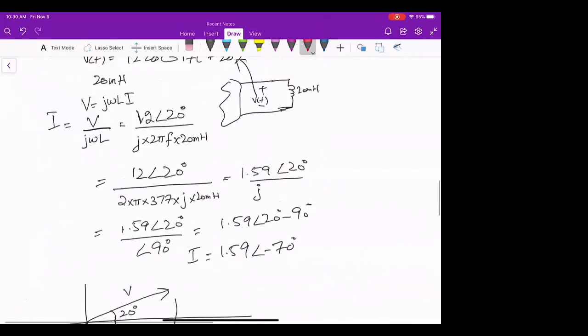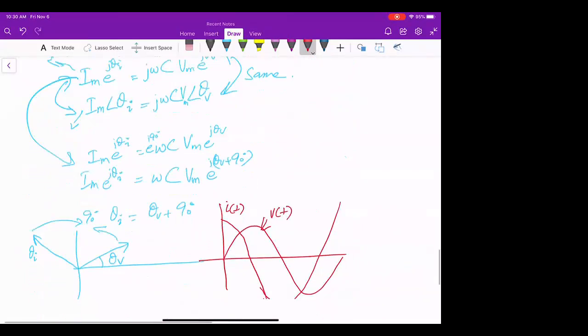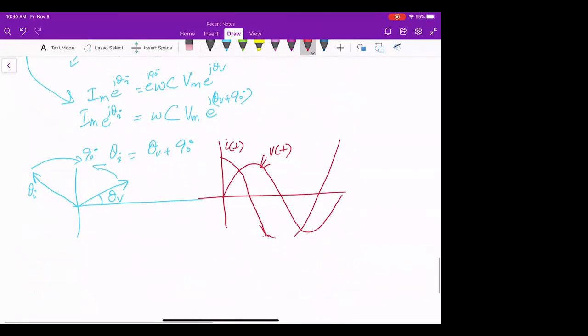If you see here, my voltage is leading, and here my current is leading. So that's the difference. But we will see how much more difference this will create when they both are in the circuit, okay? We will see in a short time. But we need to understand that inductors and capacitors impose a difference of 90 degrees between voltage and current.